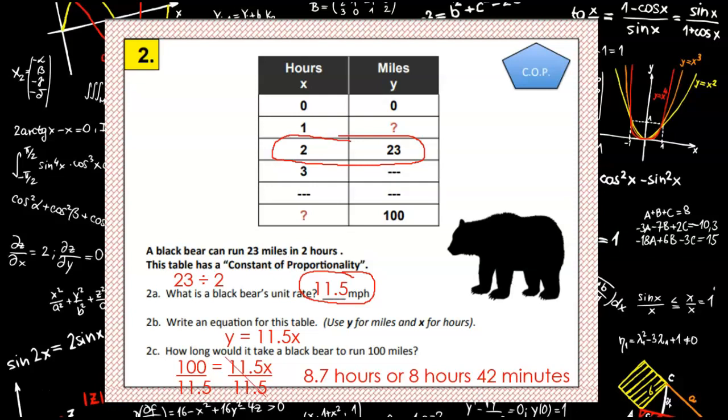And again, plug 100 in for y and solve the equation. So you would get 8.7 hours, or if you wanted to write that as hours and minutes, 0.7 hours would be about 42 minutes. So 8 hours and 42 minutes for that bear to travel 100 miles. It's a long time.